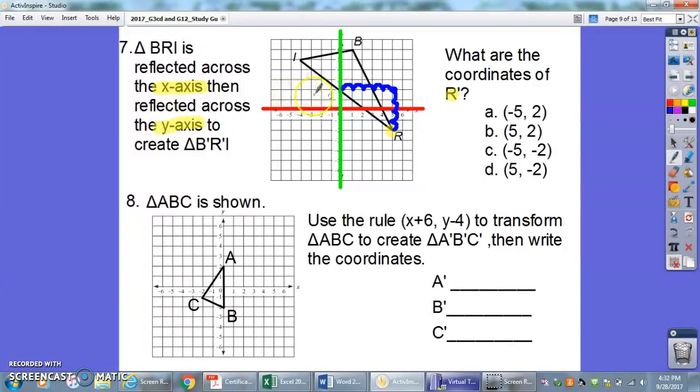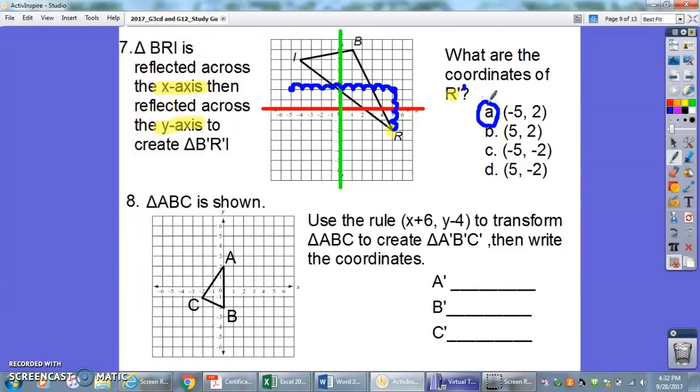Now we count 5 more spaces to the left, 1, 2, 3, 4, 5. Done. That would be our double prime, so in the question I need to put double prime because we did 2 reflections. So our answer is -5, 2, A. All right.